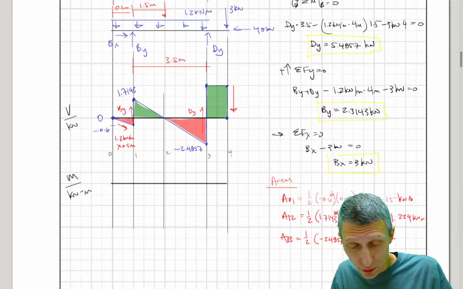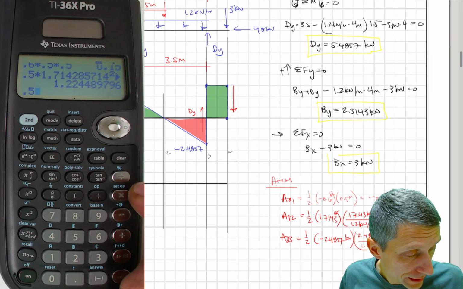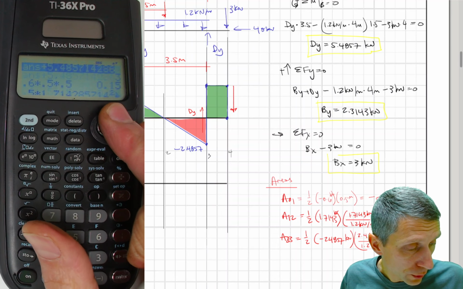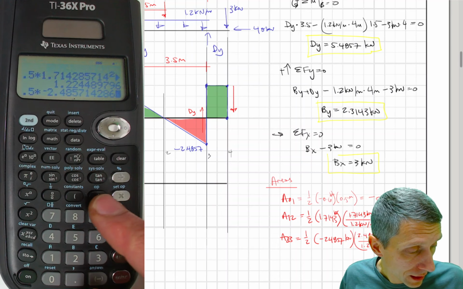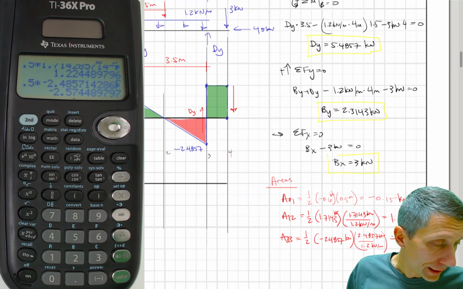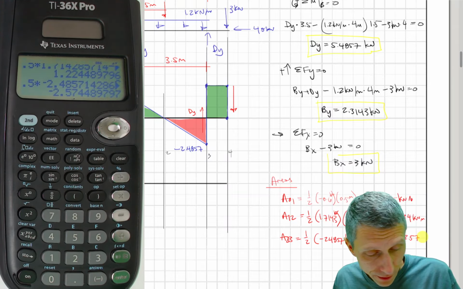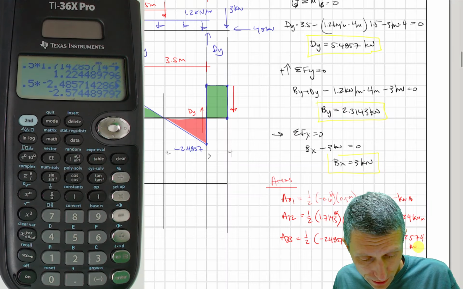When we're done, let's see what we get. 0.5 times 2.4857, I'm going to square that and divide it by 1.2. I'll get minus 2.574. That's kilonewton meters as well.